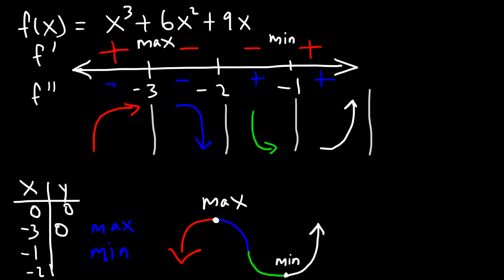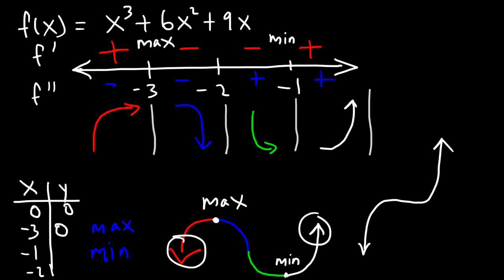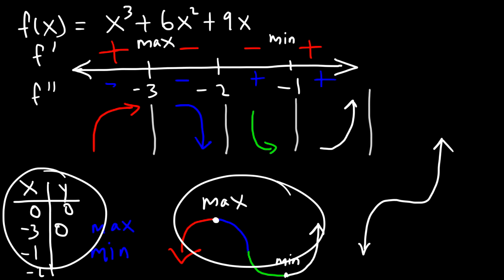So now we know the general shape of our graph. And it makes sense because x cubed, the parent function, looks like this. It's decreasing on the left, increasing on the right. So all we need to do is combine this shape with this data table.